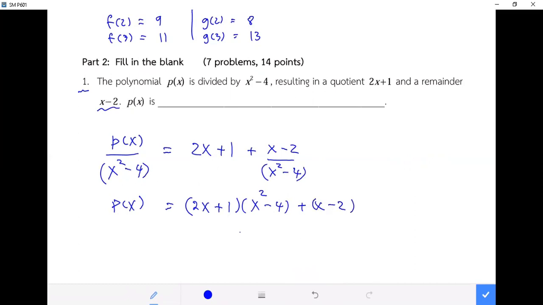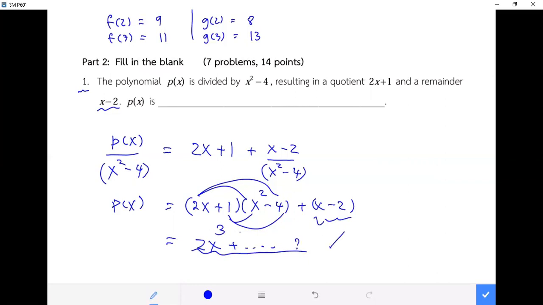Just multiply the first to the third, the first to the fourth, the second to the third, the second to the fourth, add them up, and try to simplify. Then add it to this one. You start with 2x cubed, and then blah blah blah, and end with some constant.